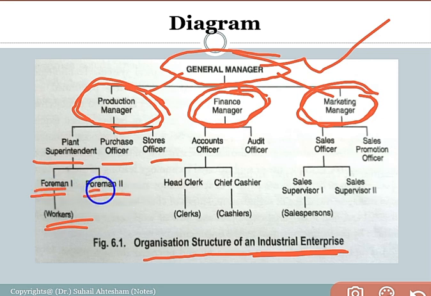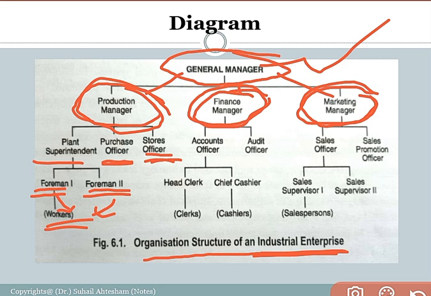There are many foremen, and these foremen overlook the functioning of the workers at the workplace, right? The purchase officer is related to purchasing raw material from the market, from the supplier, right? And the stores officer is responsible for maintaining the stores in the organization, right?